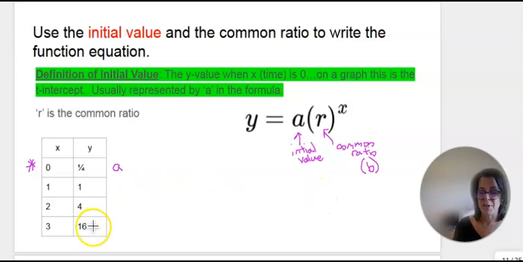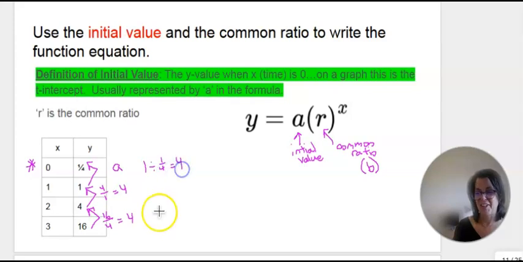All right, so we start at the bottom or the end of the table, Y column, and we divide. 16 divided by 4, that's 4. 4 divided by 1, that's 4. And 1 divided by 1/4, that's 4 also. You could do it in the calculator to confirm. All right, that tells me that R is 4.